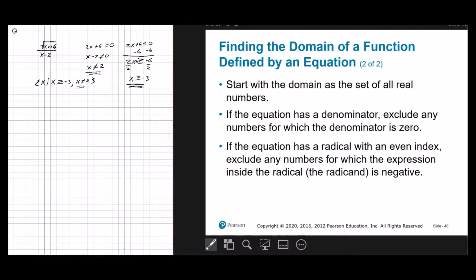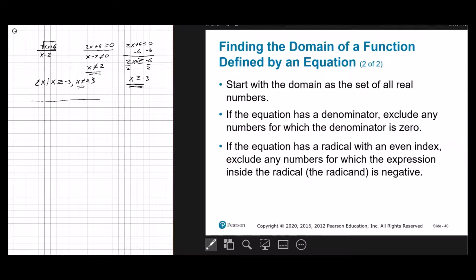And then if the equation has a radical with an even index, you exclude any numbers that make the expression inside the radical, which is called the radicand, negative. So the radicand in this case was the 2x plus 6, and that can't be a negative number. And so that's what we did here. We excluded negative numbers.